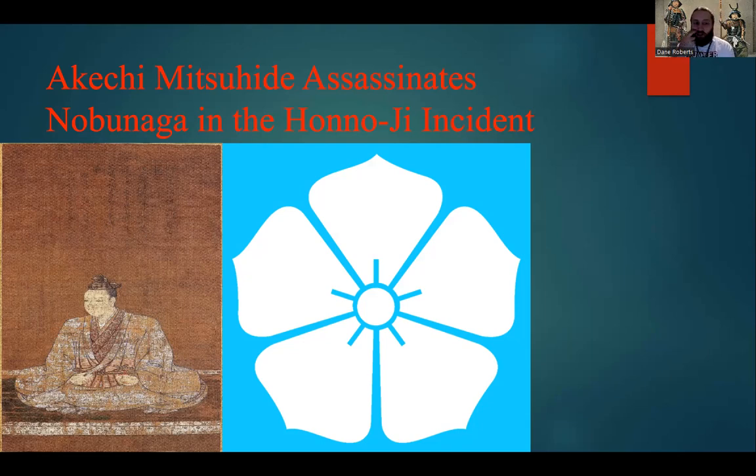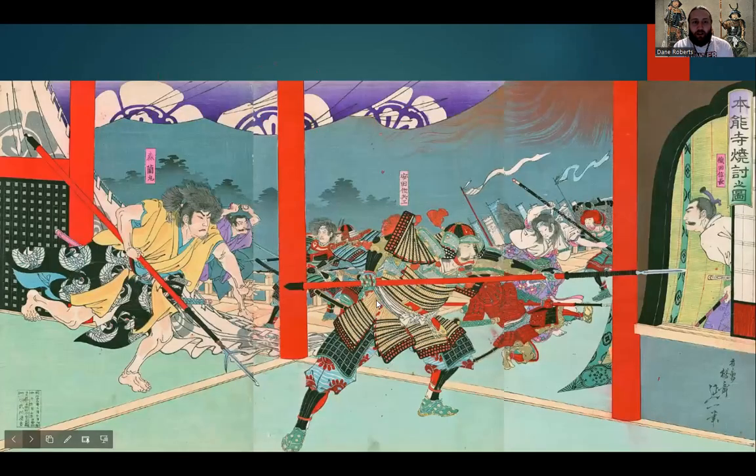And so eventually this led to originally one of his best generals, after Toyotomi Hideyoshi, to betray him, Akechi Mitsuhide, who would lure Oda Nobunaga into the temple in the Honno-ji area.